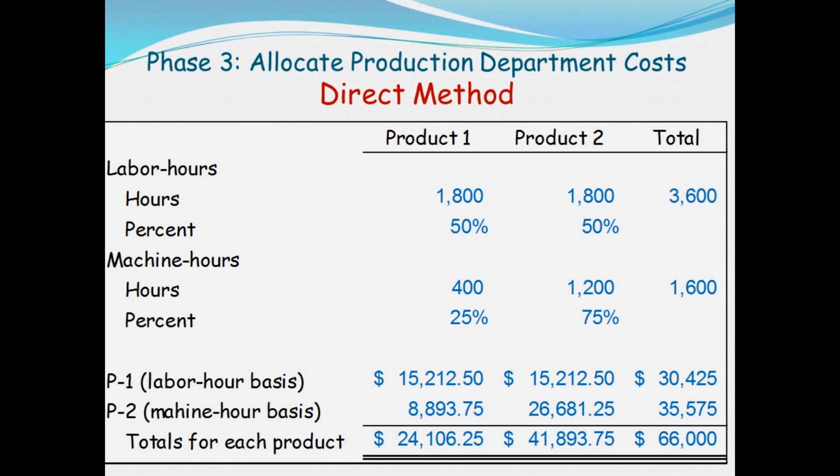That was a simplified example. So we simply took the ratios and took the total cost that we just figured out and allocated it 50/50 here, 25/75 there. And you now have the costs for each product, 24,000 and 42,000.